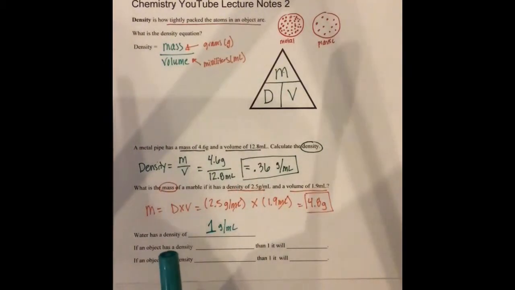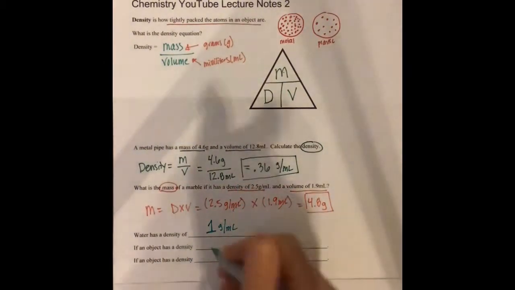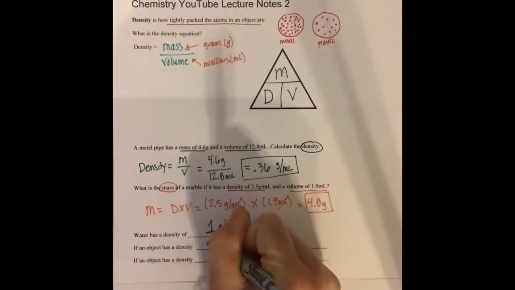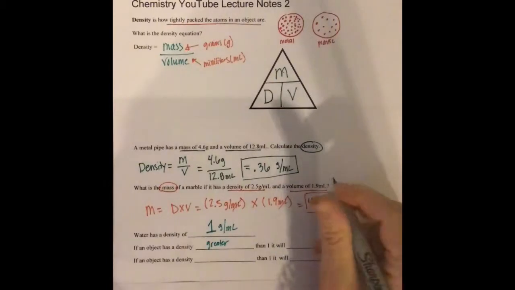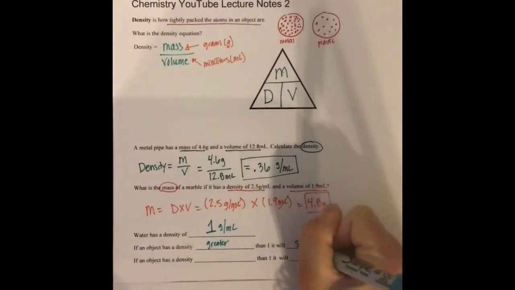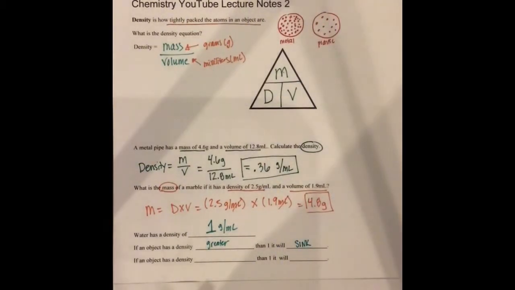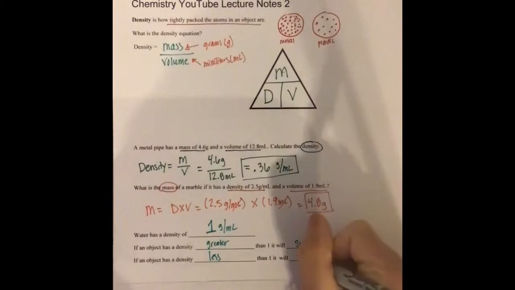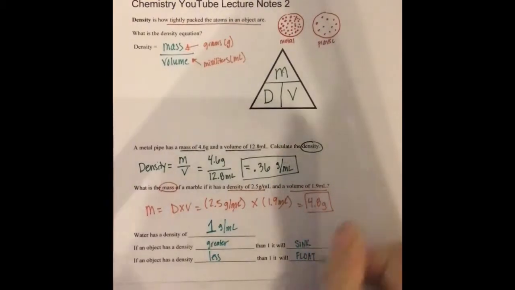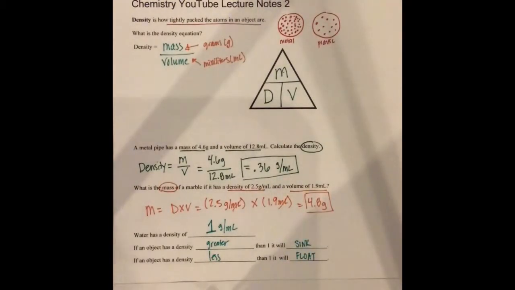If we put something in water and it has a density greater than 1, it's going to sink. If we have an object with a density less than 1, it will float.